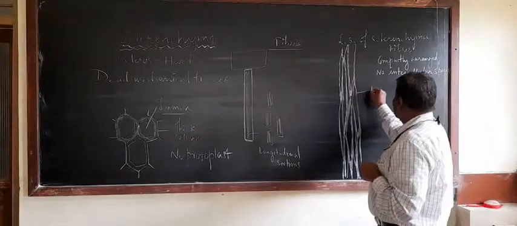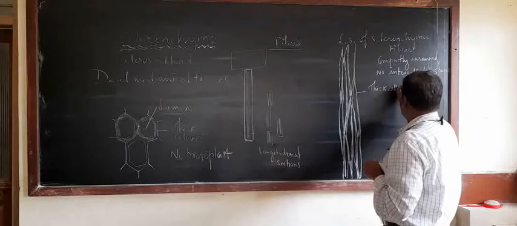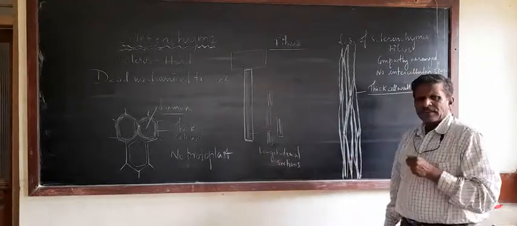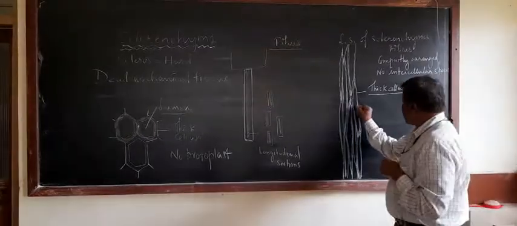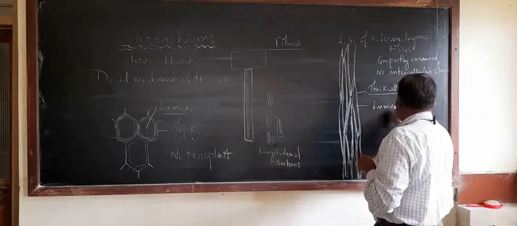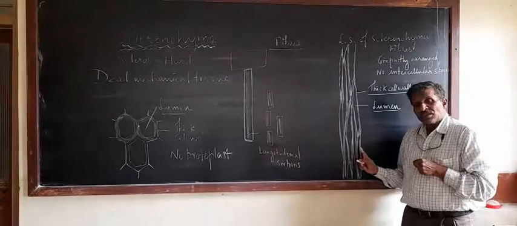Every cell has a thick cell wall. The cell wall is usually very thick. Even these cells don't have the protoplast; they have an empty cavity in the center. That empty cavity is usually considered the lumen.